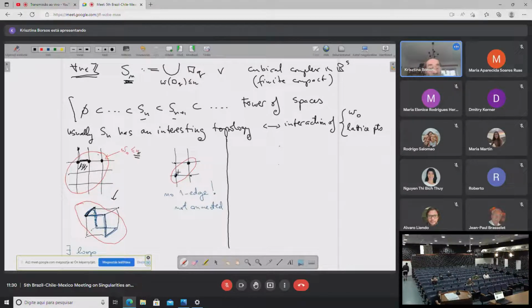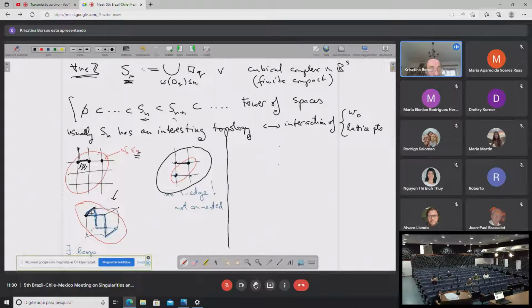So I have here two connected components. If I consider a bigger n, then automatically this will appear, and changing Sn to Sn plus 1, the topology will be different, and in the bigger Sn I might be able to connect them, but each Sn can be very tricky.